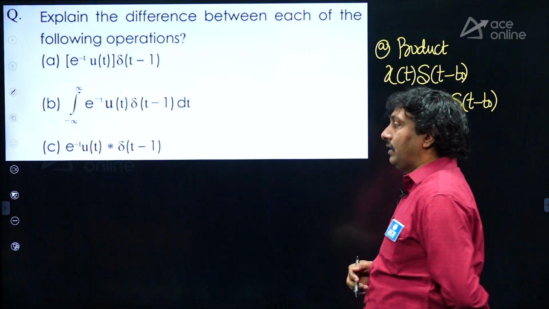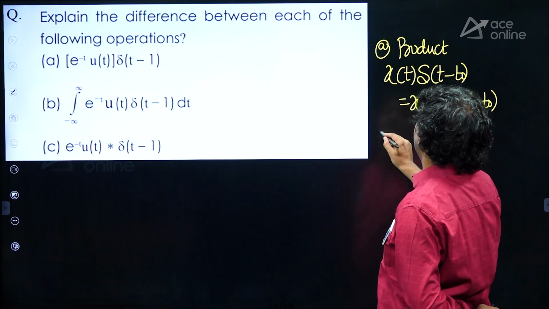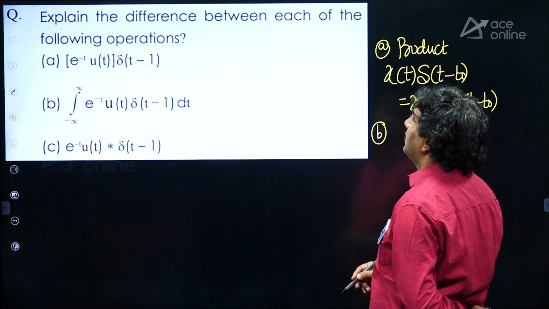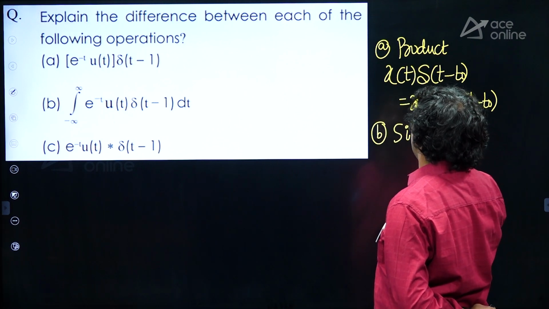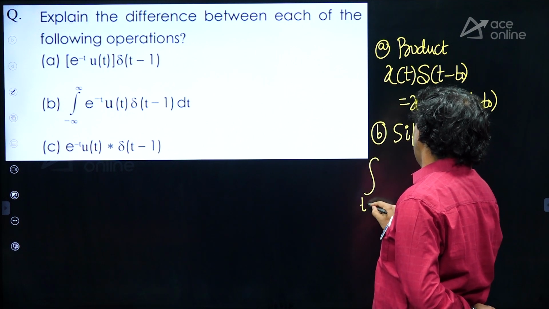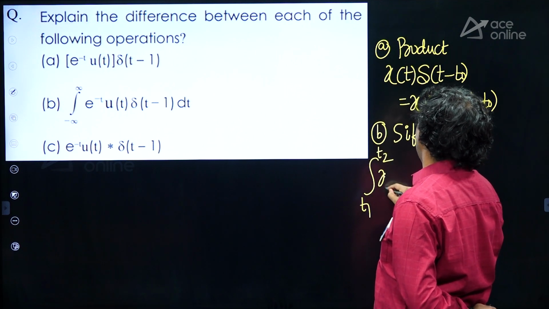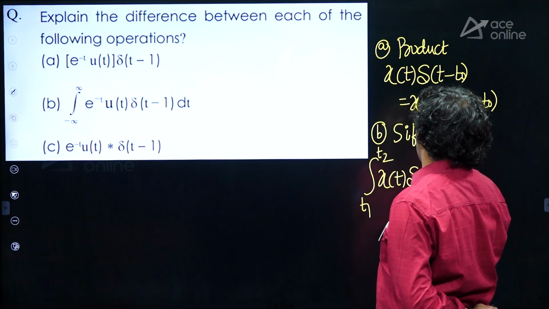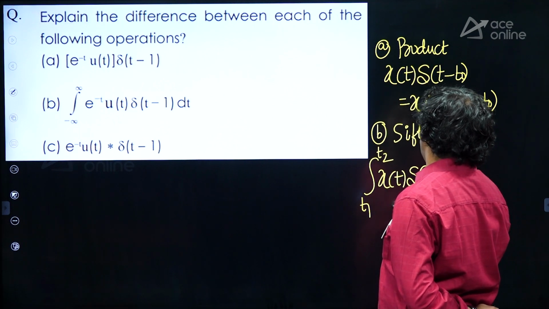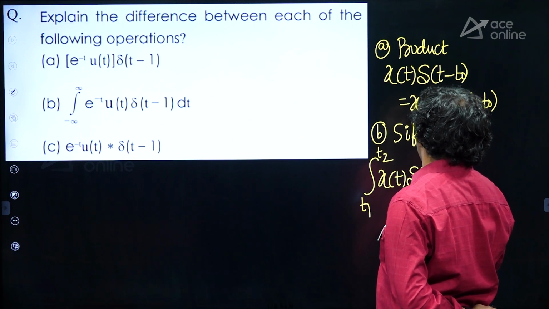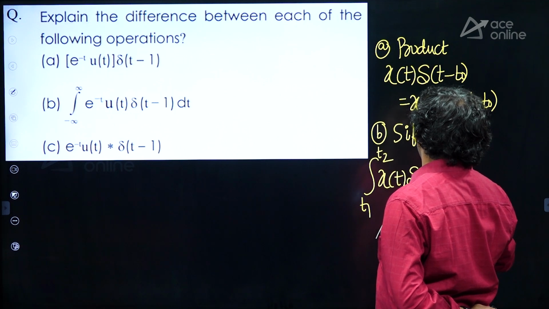x of t into delta of t minus t naught means check the signal at the respective shift. The second one is the sampling or shifting property. Integral from t1 to t2 of x of t into delta of t minus t naught dt equals simply x of t naught.